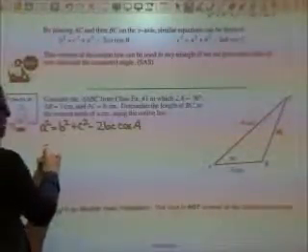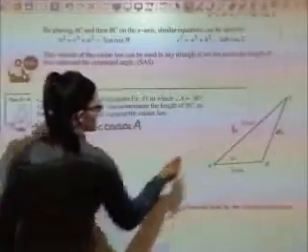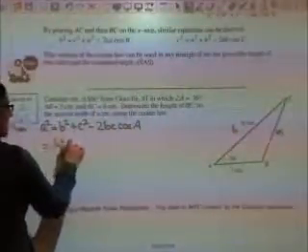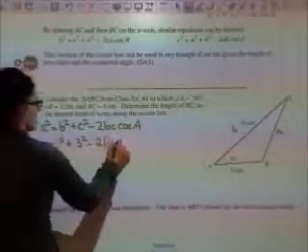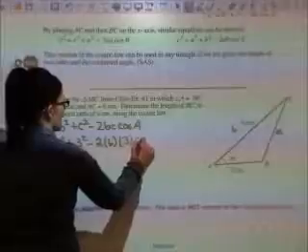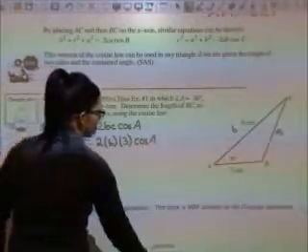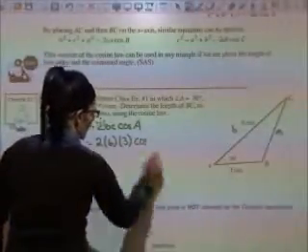So I have B squared, or side B, is 6. So we have 6 squared plus 3 squared minus 2 times 6 times 3 times cos 36.